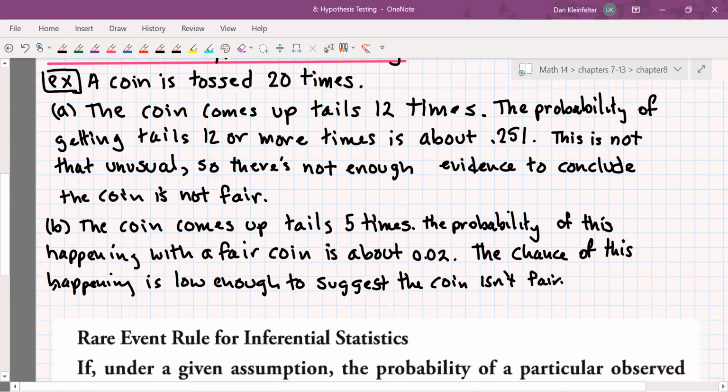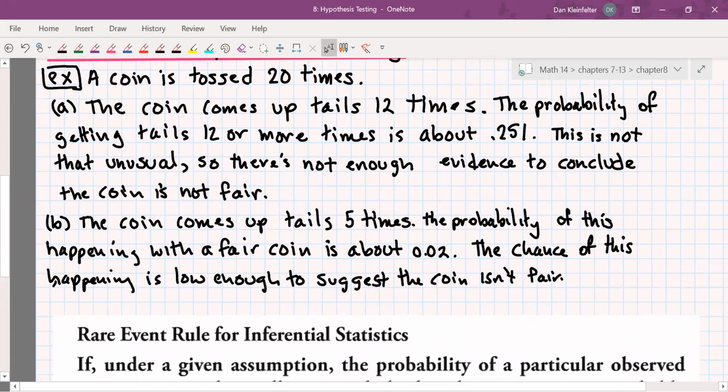Okay, so basically we have some sort of an assumption, in this case that the coin was fair, and if we have some evidence that is contrary to that, and the probability of us getting that evidence and the assumption being true, if that probability is low, then we conclude, well, we can't argue with the data, so what must be false is the assumption, okay?